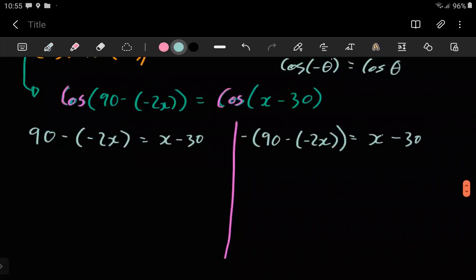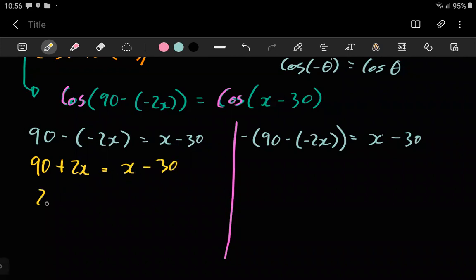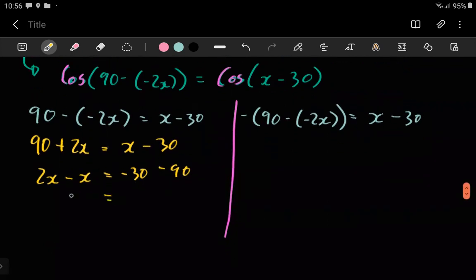Definitely. From there, you'll be able to get answers for x. Solving for x, you can just see here 90 plus 2x equal to x minus 30. If you move everything to the left, you're going to have 2x minus x equal to negative 30 minus 90, of which you're going to have x equal to negative 120.